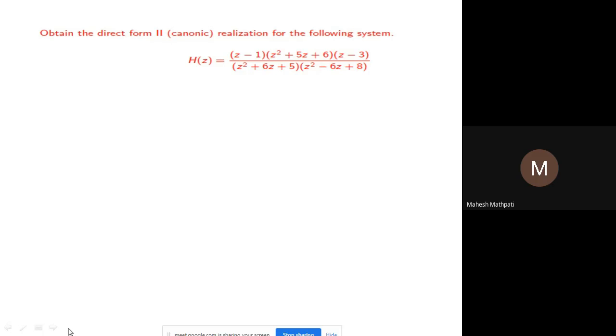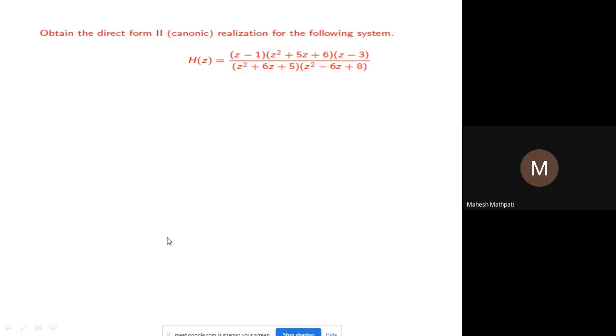Now here he has given the transfer function. With this we need to calculate the direct form 1 and direct form 2 equations. So how do we calculate that? Okay, so let us do this part.